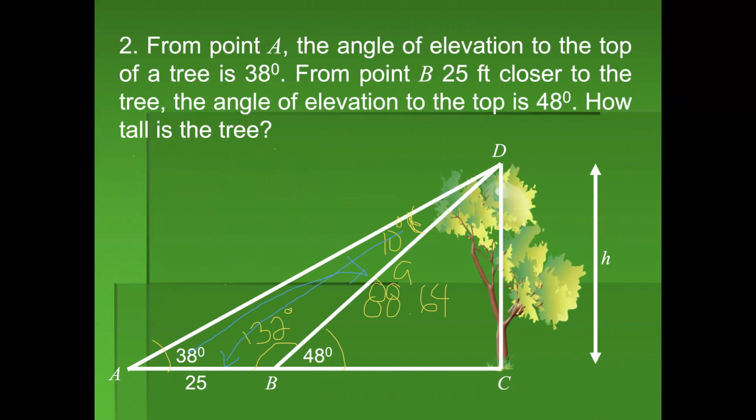So our solution will be sine 48 equals opposite, which is unknown, which is h, over the hypotenuse, which is 88.64. Solving for h, that will be 88.64 sine 48.